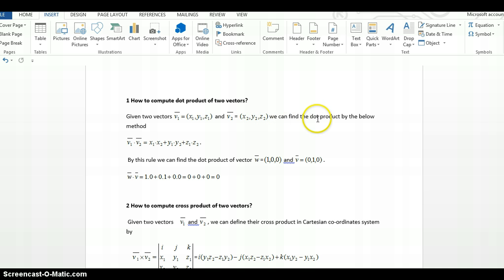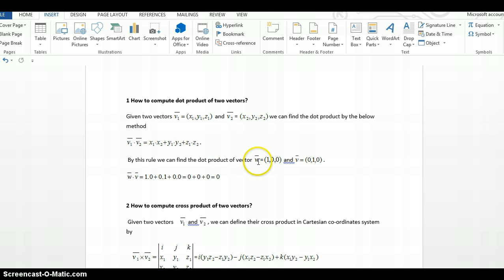To find the dot product of the two vectors, begin by multiplying x1 with its corresponding element in v2, which is x2, and y1 with the corresponding element y2, and z1 with the corresponding element z2. So thus it is x1 times x2 plus y1 times y2 plus z1 times z2.